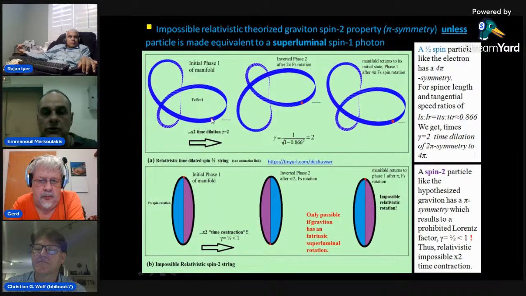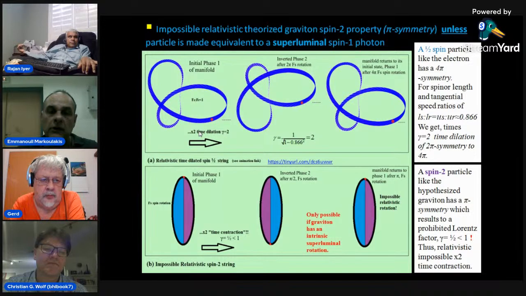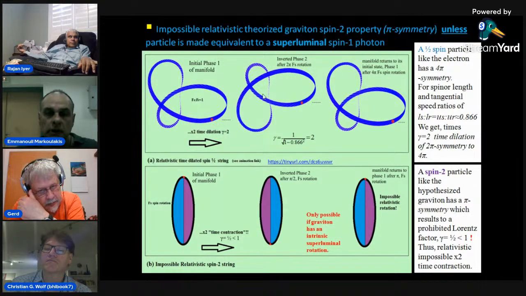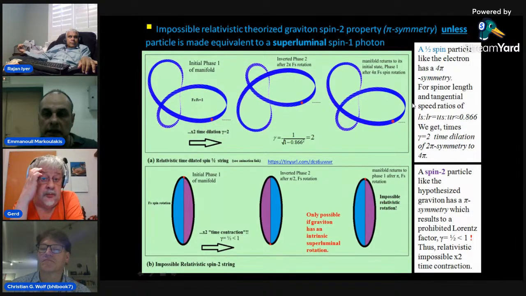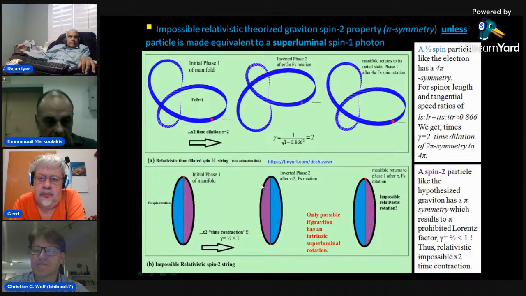In my previous research, using a topological fiber model for depicting the half spinor of an electron, we showed that if we use this data here, I will play the animation, but I'm not sure if it will show up in this presentation.